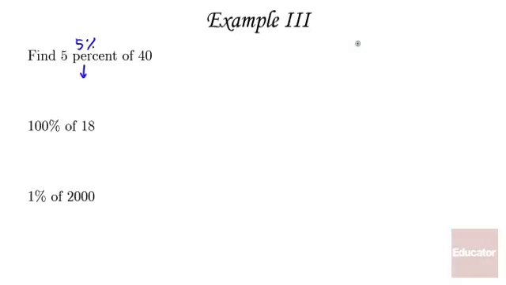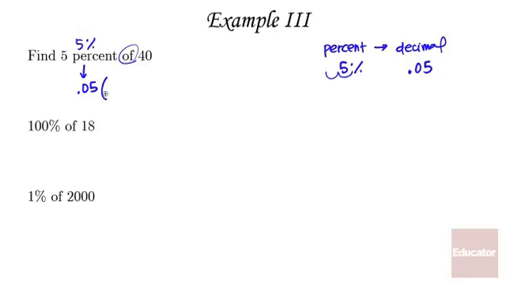So 5%. Again, start at the end. You're going to go 1, 2, one more space right here. So 0.05 of is times 40.